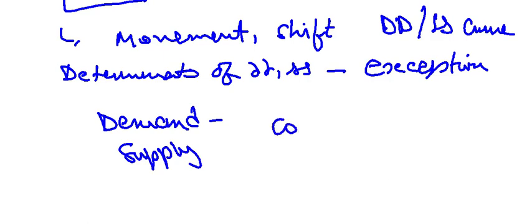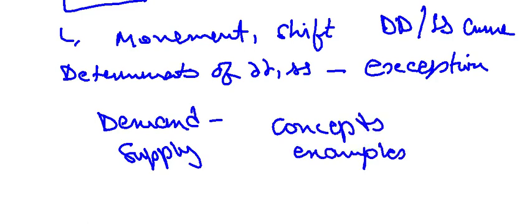So we have to know these as concepts, and examples are very important here. Then we need a basic understanding of the law of demand and supply, in which demand and supply schedules are used to explain the demand and supply curves.